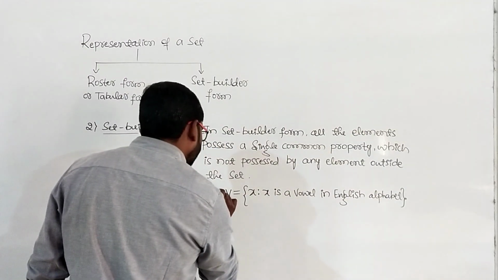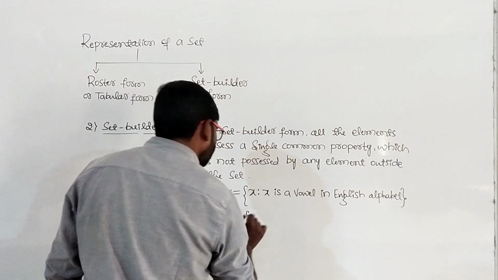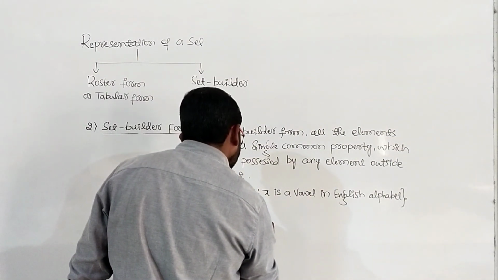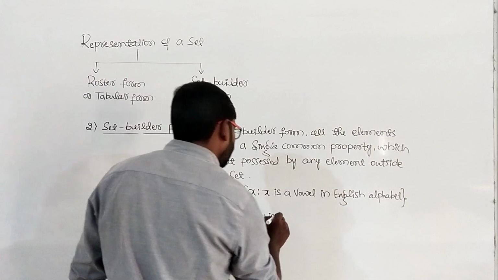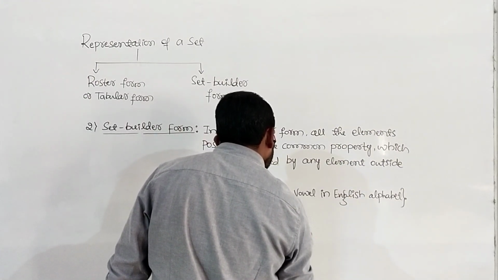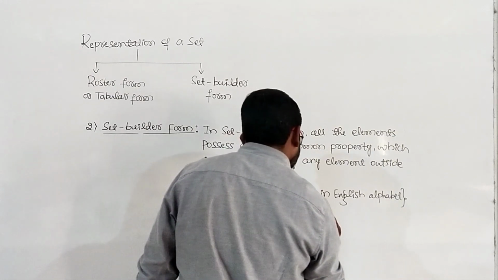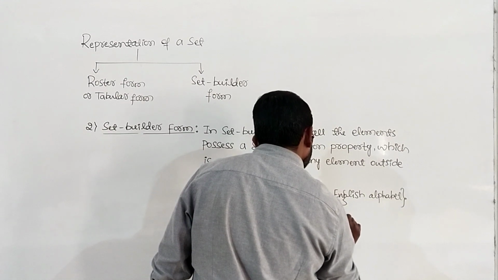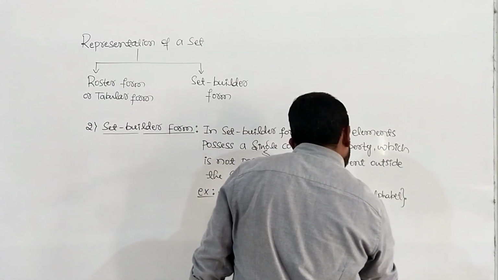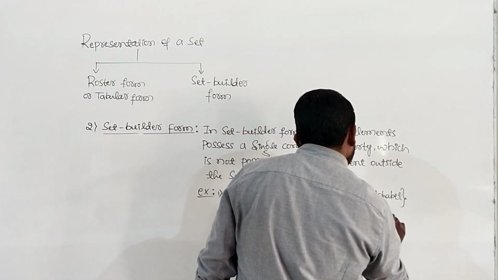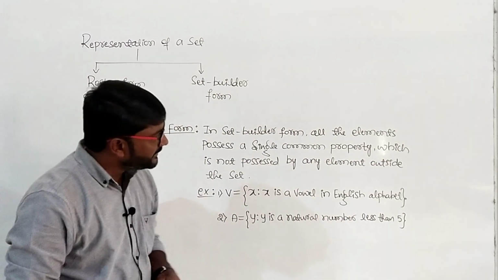And then we'll give another example now. {y such that y is a natural number less than 5}. So observe these two examples.